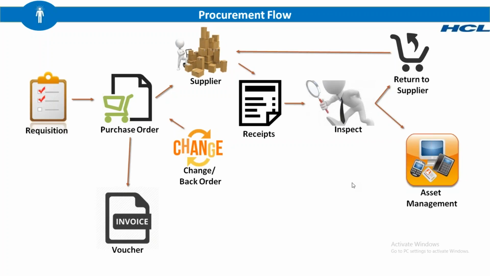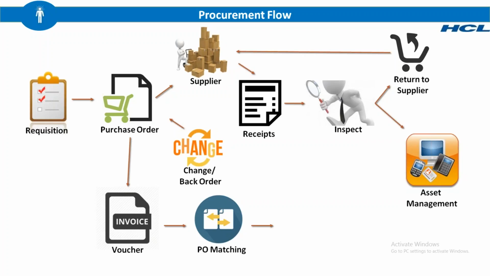Then we are going to receive the invoice from the vendor. The same invoice we are going to create as a voucher in our system. Once we create the voucher, we have to pay it. But before the payment, there is a matching process.